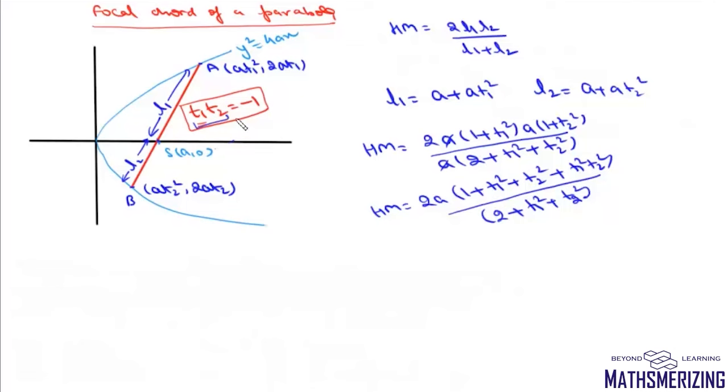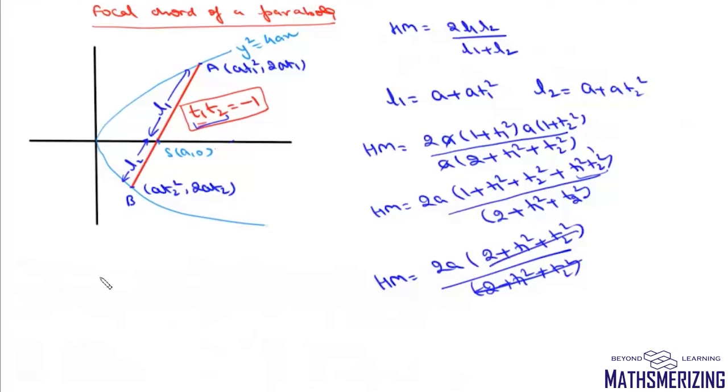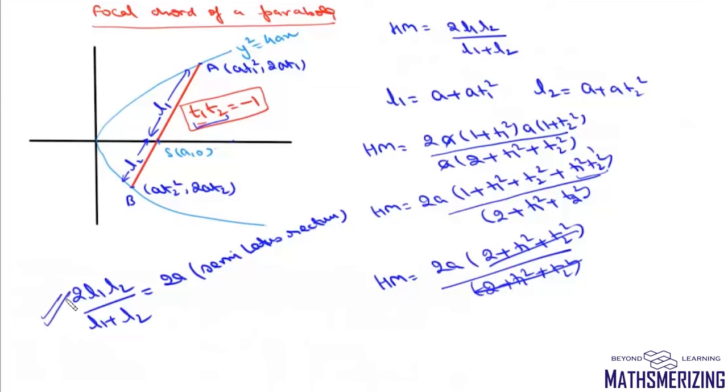Now we know that t1 into t2 is minus 1. So t1 square t2 square will be plus 1. So we'll get this harmonic mean as 2a, and this is 2 plus t1 square plus t2 square, and this is 2 plus t1 square plus t2 square. So we'll cancel. So basically the harmonic mean of these two segments of the focal chord, 2L1 L2 upon L1 plus L2, is equal to 2a, which is the semi-latus rectum. So this is our third important result.